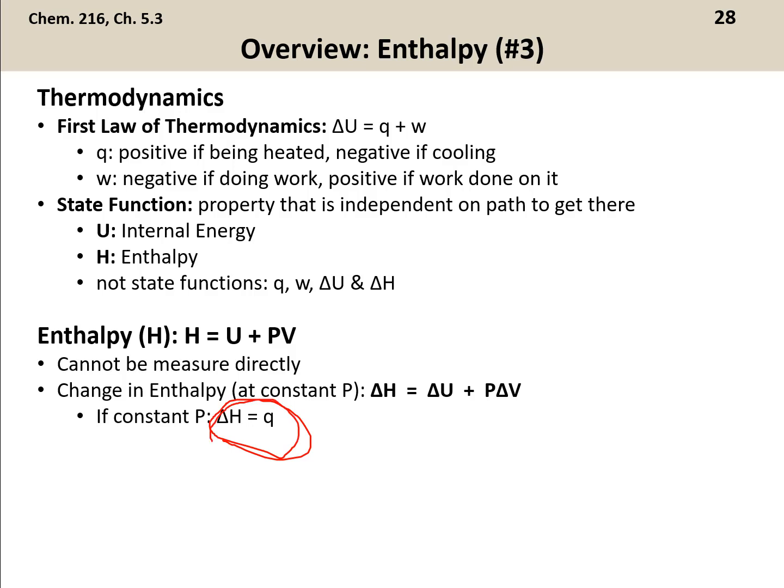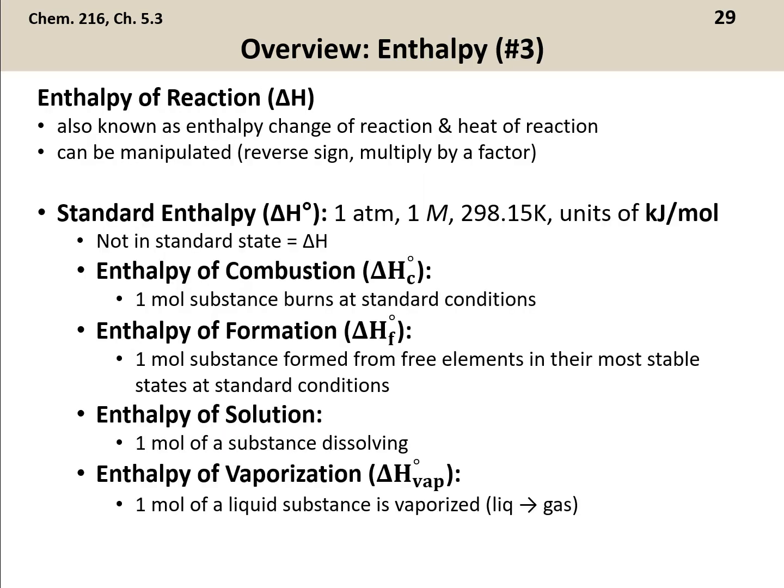Delta H is heat. Okay? And then we talked about some different types, combustion and formation being the big ones in this section. And last thing I'll say, remember this knot means it's at standard conditions or standard state. That's 1 atmosphere, 1 molar, 298.15 K, or 25 degrees C. And usually they're in kilojoules per mole. So if I know how many moles, I can just multiply them out and get kilojoules.